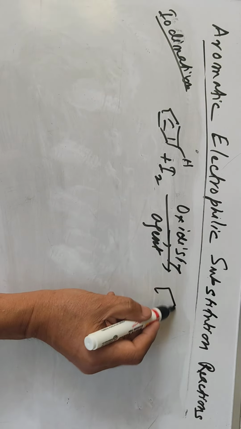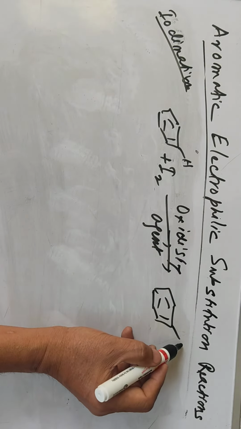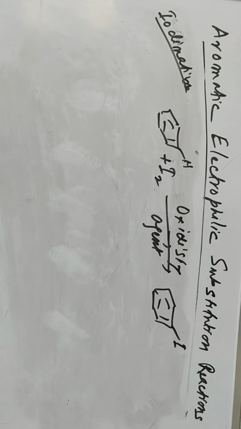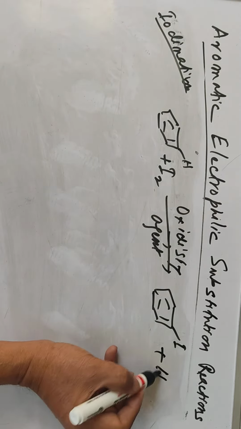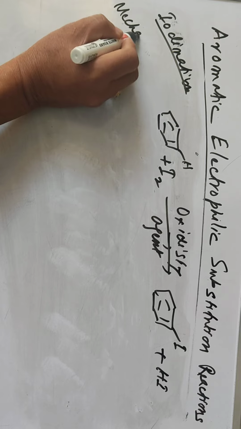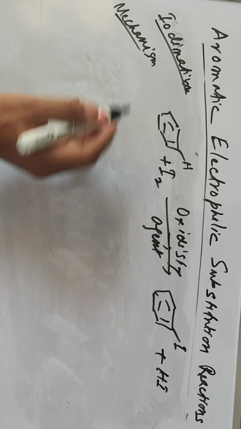So it gives iodobenzene and HI. Okay, so this is the reaction for iodination, but the mechanism is a bit different from earlier cases. So here let us see the mechanism.